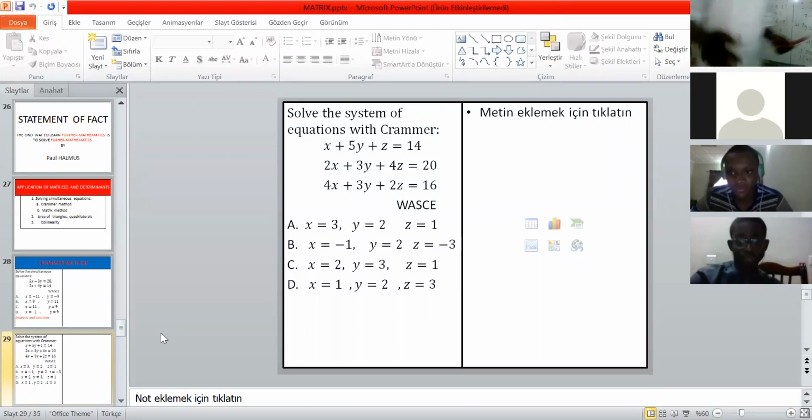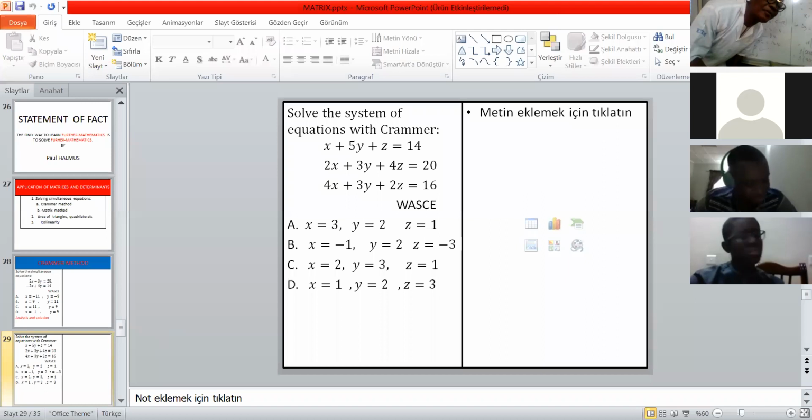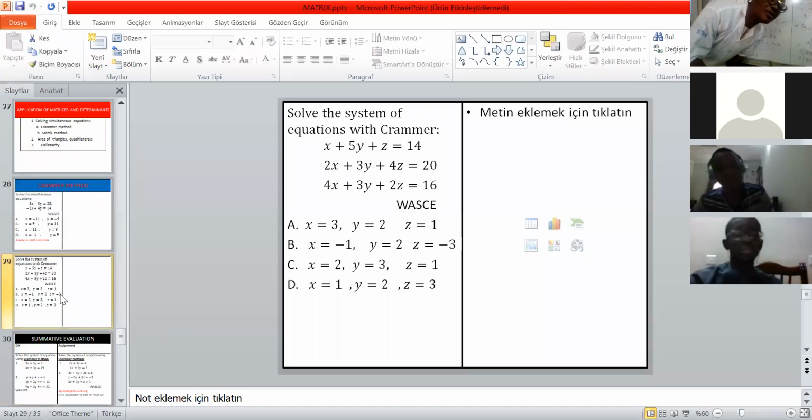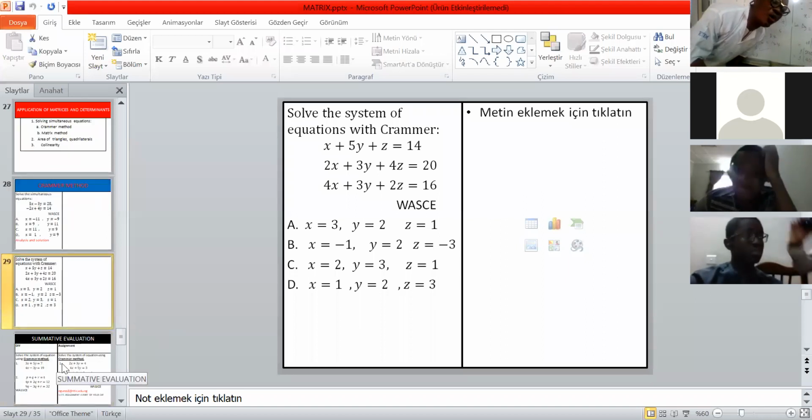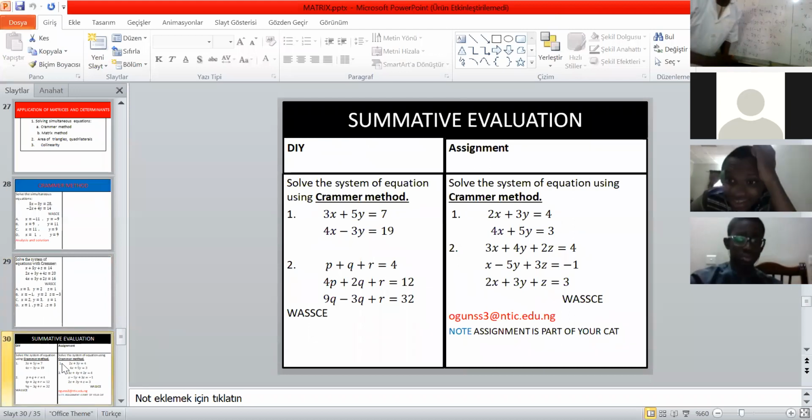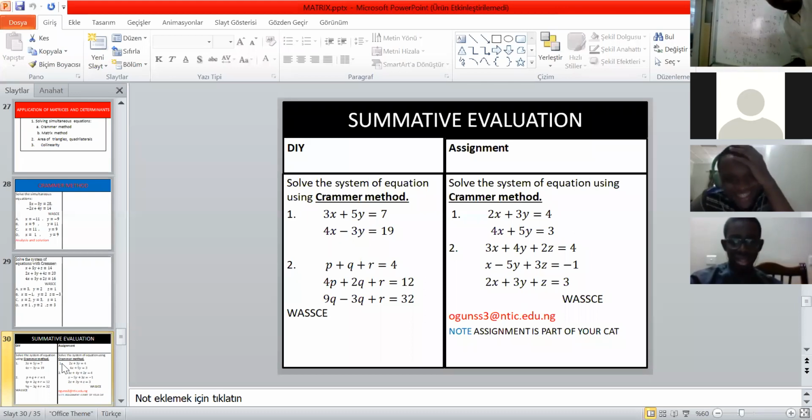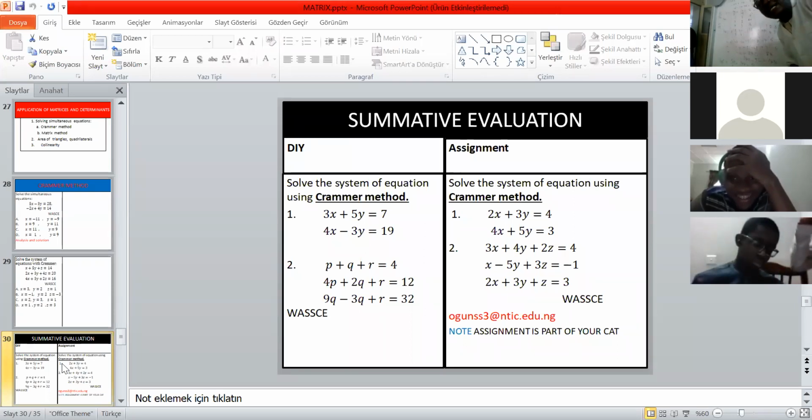So now, quickly copy down your classwork and assignments, which you have to submit by 3 o'clock today. If you submit after 3, you're on your own. Now copy down the 2. It's a standard question. It has been checked and it's called a standard. So you submit your assignment via this email. The assignment is part of your CAT.